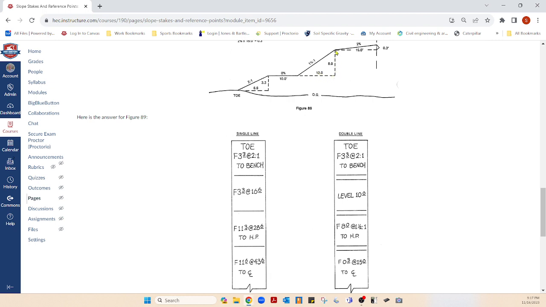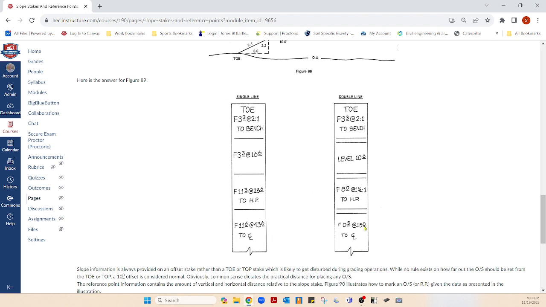That puts us up here. And then right here, we want to fill 0.3 to get up to here. And that puts us at another 15 feet.